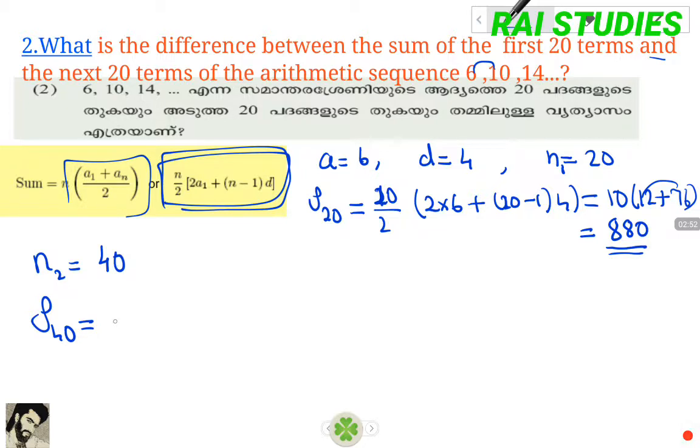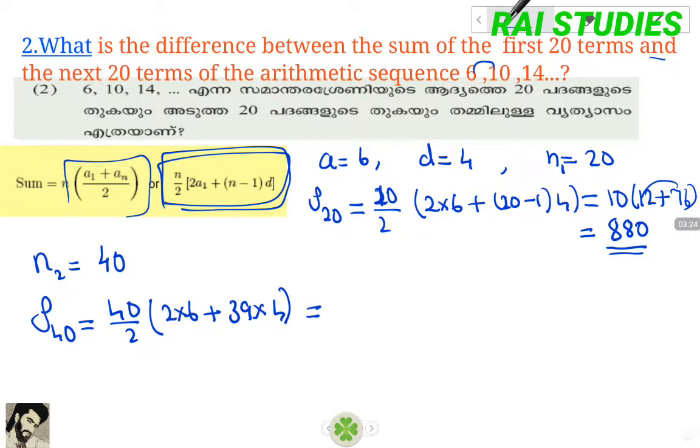So the sum of 40 terms is equal to n by 2, that is 40 by 2, into 2a, which means 2 into 6, plus n minus 1 times d. Here the value of n is 40, so 40 minus 1 is 39, times d, which is 4.